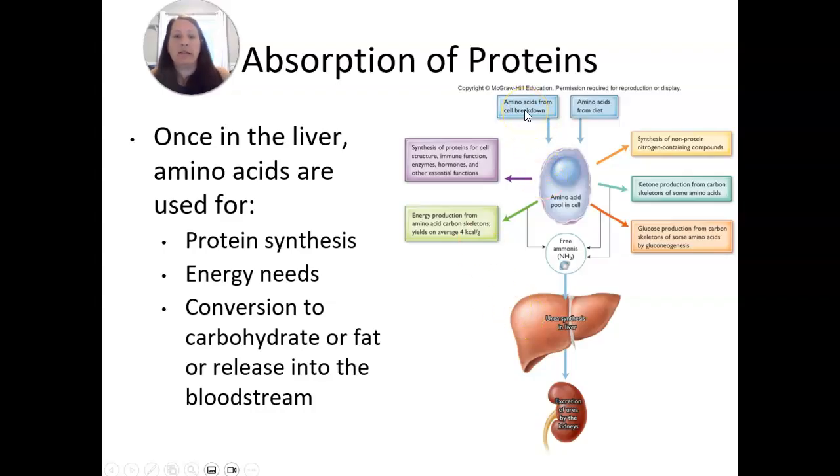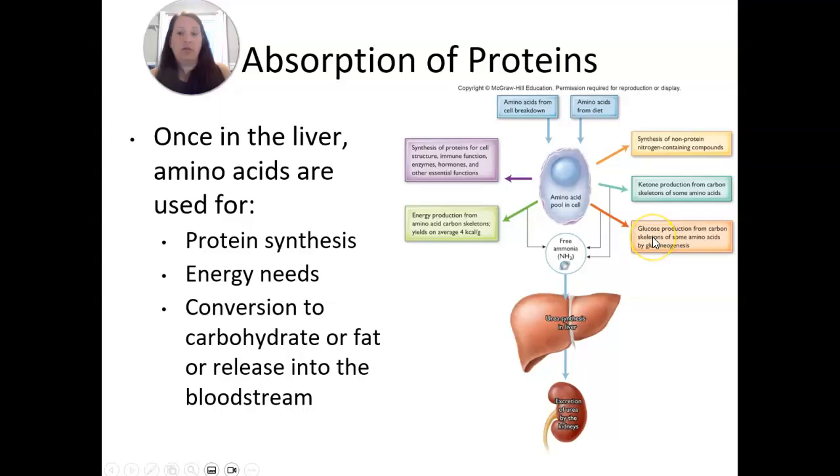Okay, so here, let's start up here. So again, amino acids can come from two sources. They can come from our diet, or they can come from breakdown of old proteins. Okay, and so we end up with an amino acid pool. And the amino acid pool in our cells can be used to synthesize other non-protein nitrogen-containing compounds. They can be used for ketone production from carbohydrate skeletons of some amino acids.